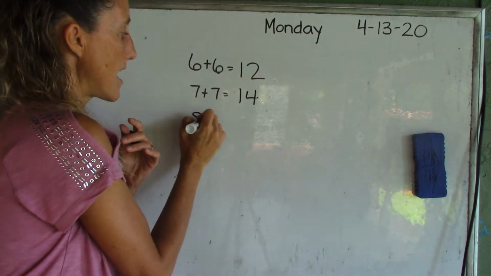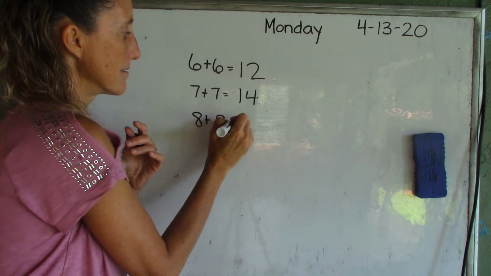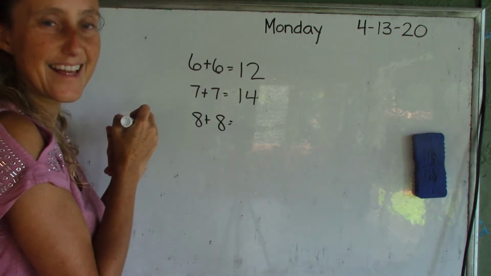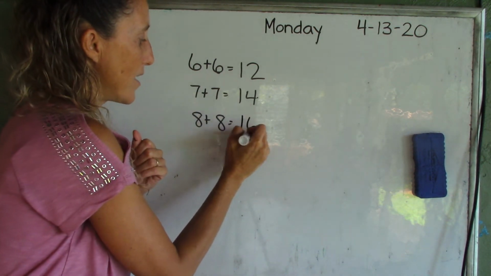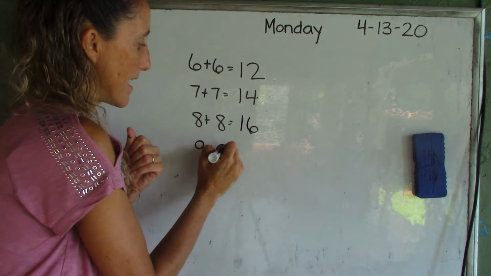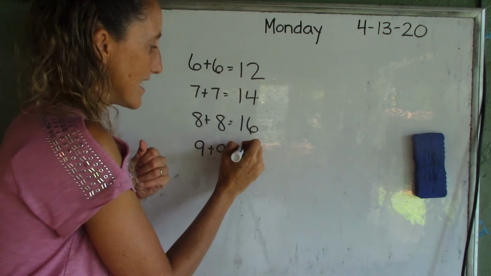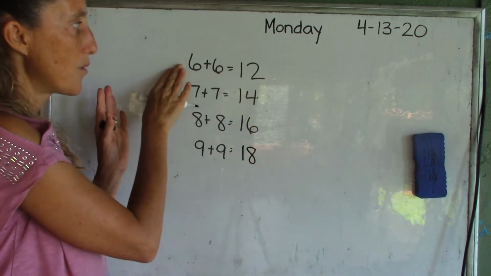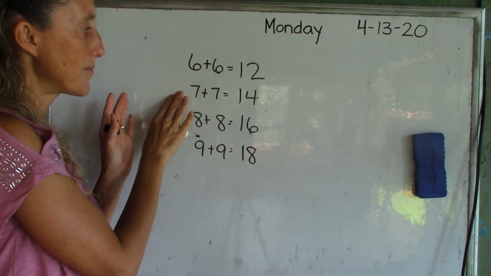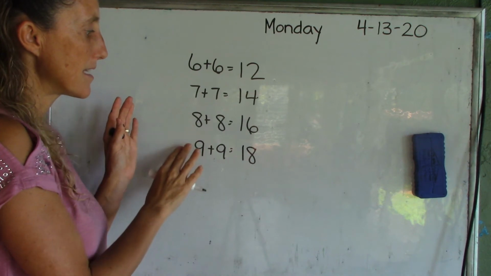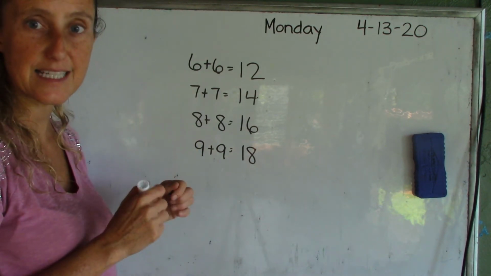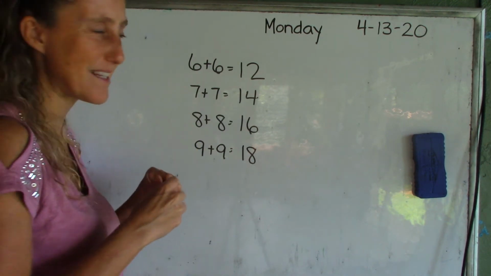What is 8 plus 8? 16. And what is 9 plus 9? 18. Very good. So remember, 6 plus 6 is 12, 7 plus 7 is 14, 8 plus 8 is 16, and 9 plus 9 is 18. Very good. Good job, guys. Okay.